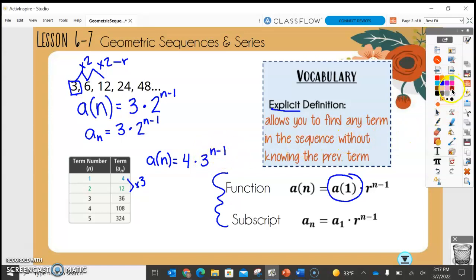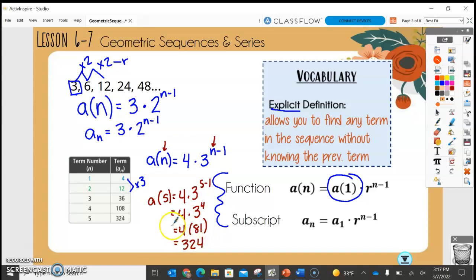Now, what's great about this is, if I wanted the 5th term, I could put my 5 in for the n. So that means if you want the 5th term, you can take 4 times 3 to the 5 minus 1, which is really 4 times 3 to the 4th, which is 4 times 81, and that does give us 324.